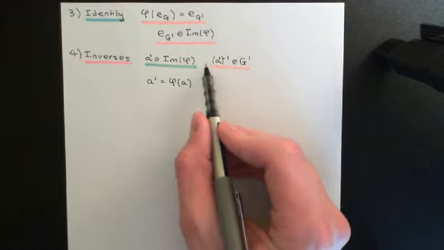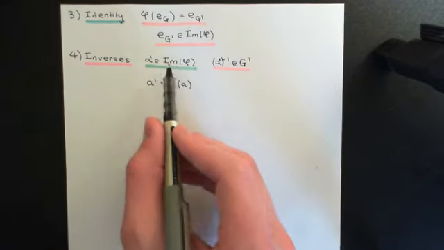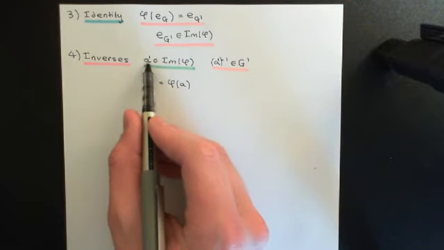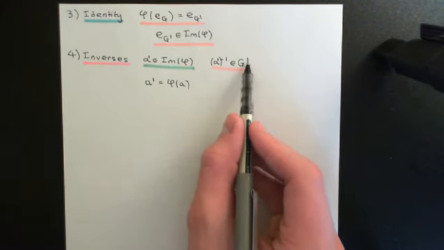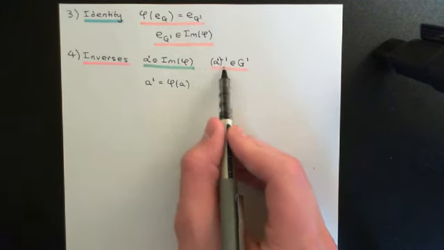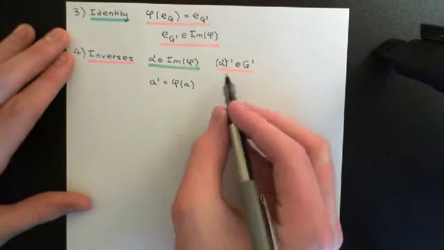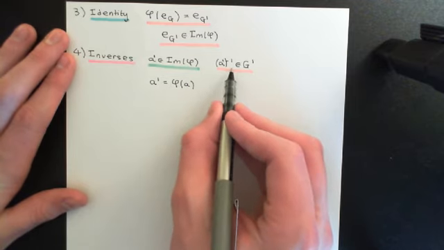What I know is that the image of the homomorphism is a subset of capital G', so a' is certainly an element of capital G', and because the codomain group is a group, there must exist an inverse to little a prime within the codomain group, and I've called that little a prime inverse here.